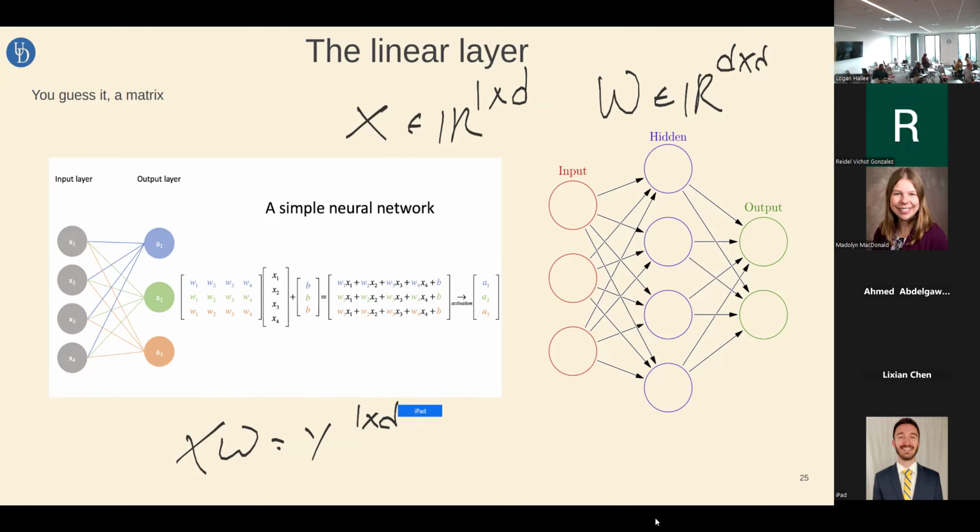But of course, if our weight matrix was not D by D, and it was instead some D by, I don't know, let's just say C. And C happened to be quite a bit larger than D. This is sort of going to expand our input into a much larger vector through a completely linear operation.